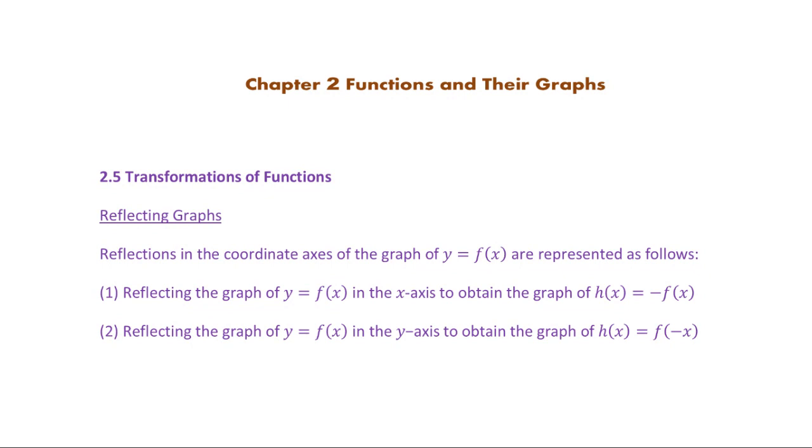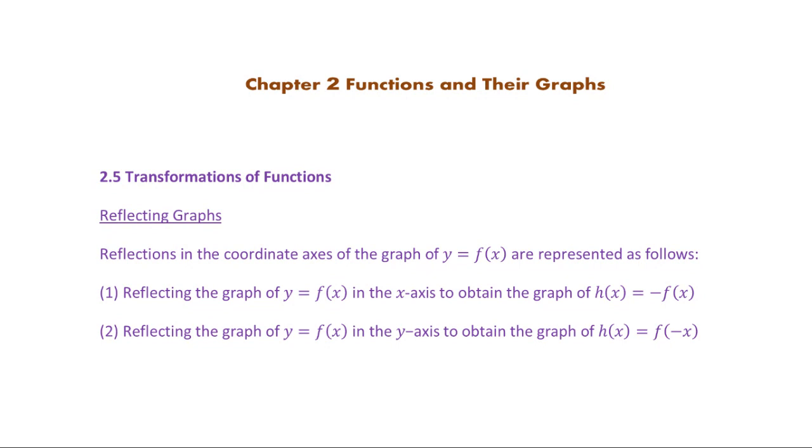So you change the x into negative x in f. So this time, the two curves are symmetric with respect to the y-axis. So that's a mirror on the y-axis, right?